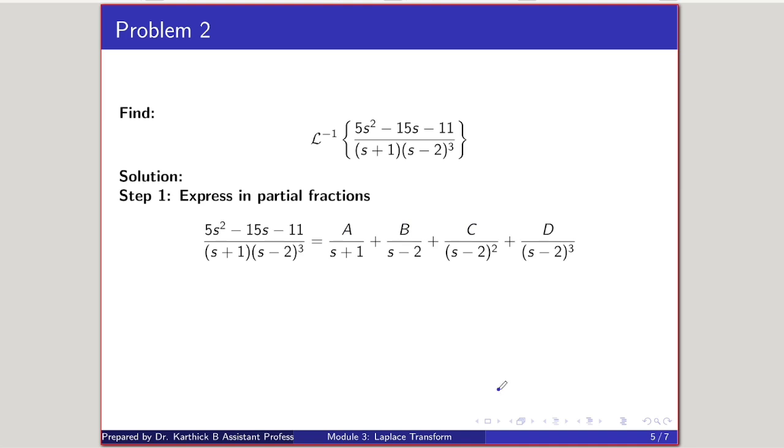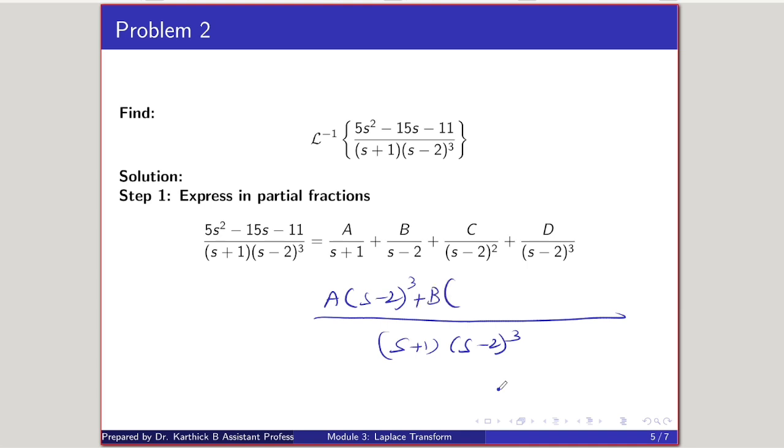Then we have to multiply the terms. In the denominator, I should get (s plus 1)(s minus 2) whole cube. For A, we already have s plus 1, so I have to multiply (s minus 2) whole cube alone. For B, I get (s minus 2) power 1 time, so I multiply this twice and I need s plus 1 also.